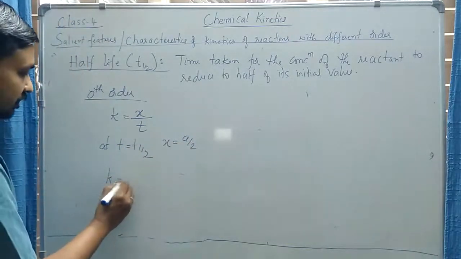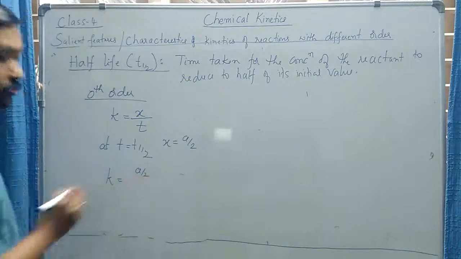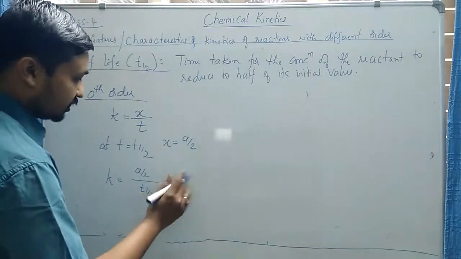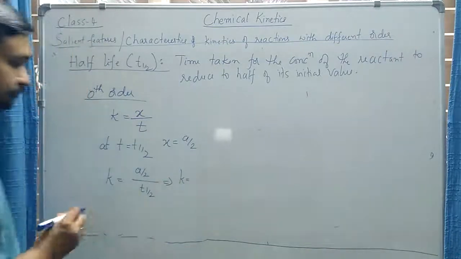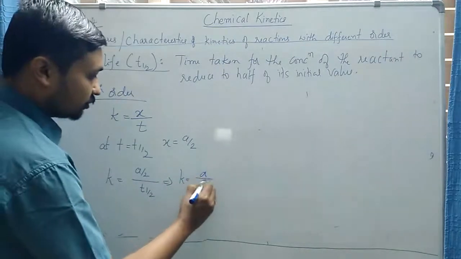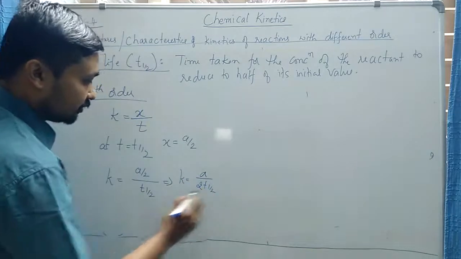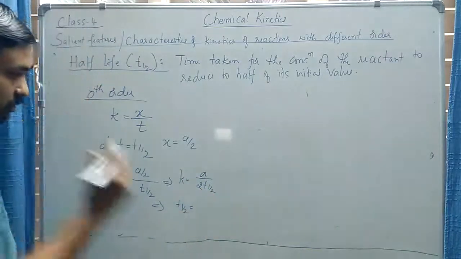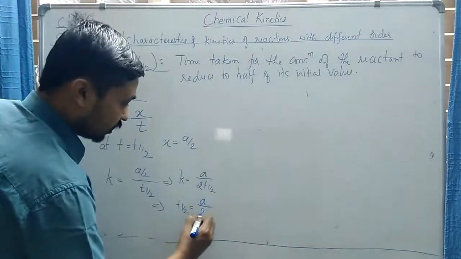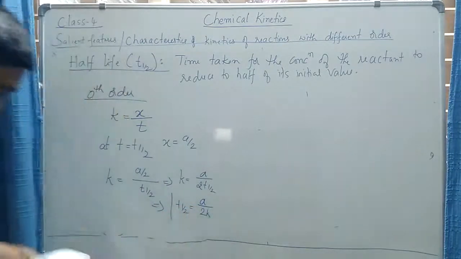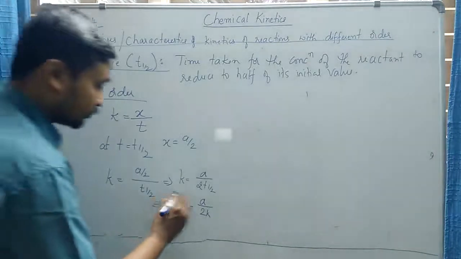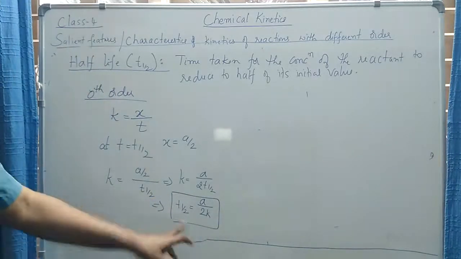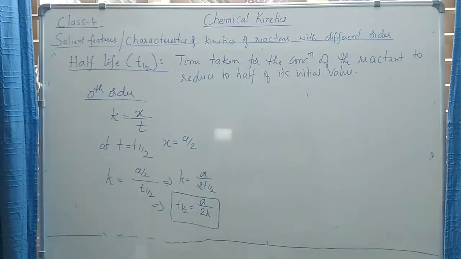So K becomes A divided by 2 divided by T half, that is K is equal to A divided by 2 into T half, which implies T half is equal to A divided by 2 into K. So this is an expression for half-life of a zeroth order reaction.